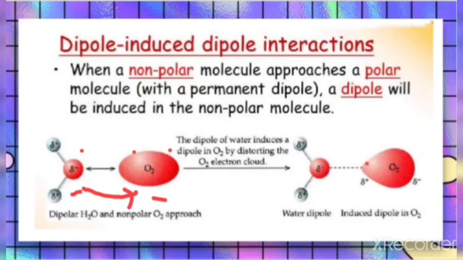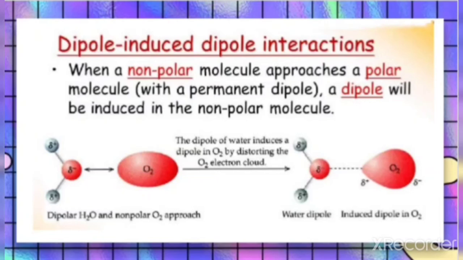We can see in this picture that the two ends have developed, the partial positive end and the partial negative end. So this is called the induced dipole in O2, the dipole formed due to the neighboring polar molecule, water.